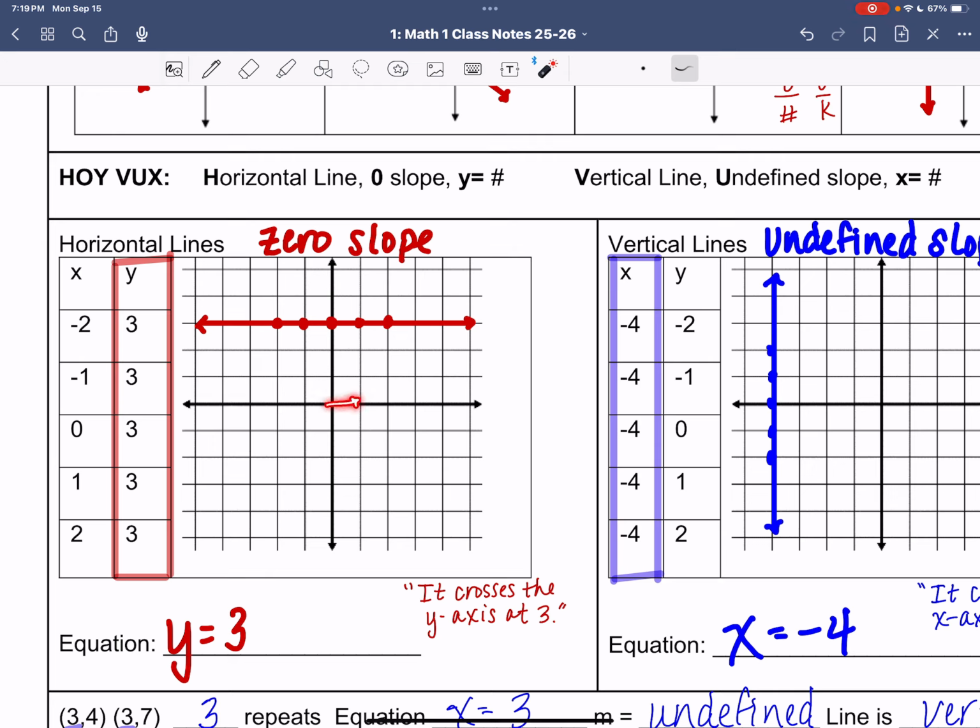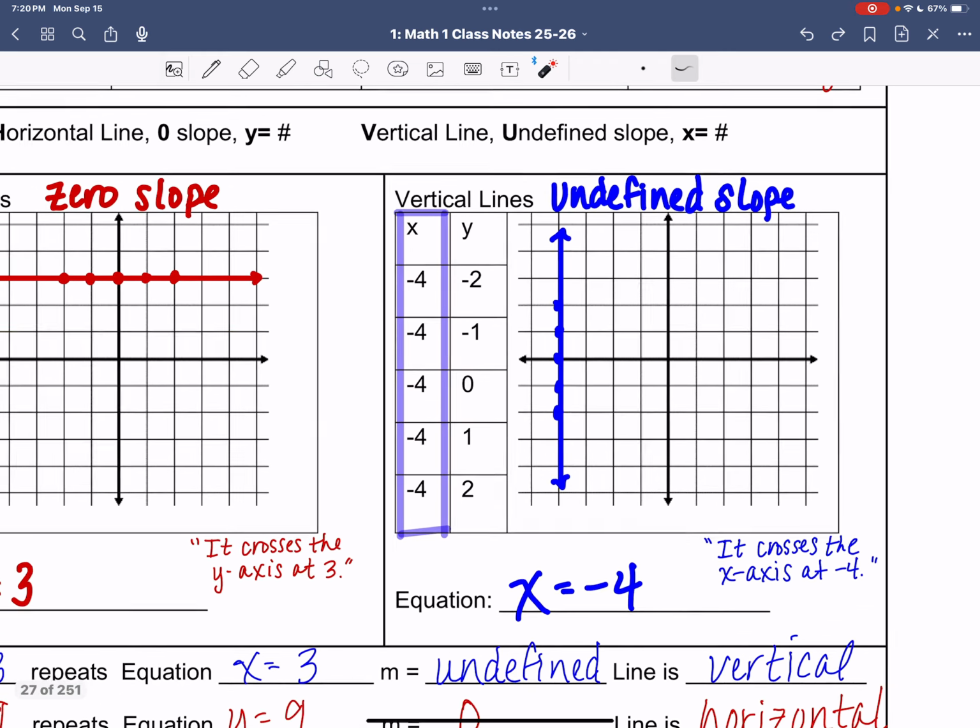Then here, you go right 1, up 3, right 2, up 3. When we're plotting our points, all of your y's repeat, so you're going to end up with a horizontal line, and that has a zero slope. It crosses the y-axis at 3, so that's exactly what you're going to put there. I read it as: it crosses the y-axis at 3. So that's how I remember it.